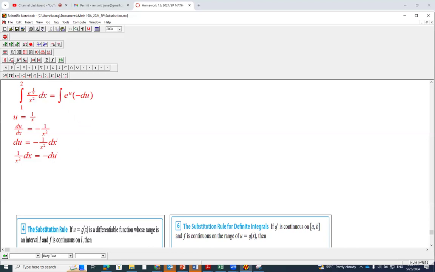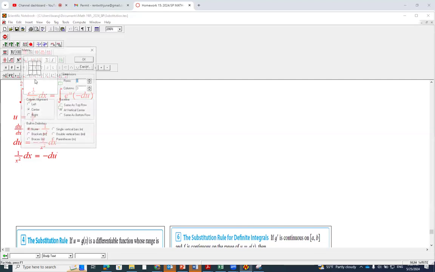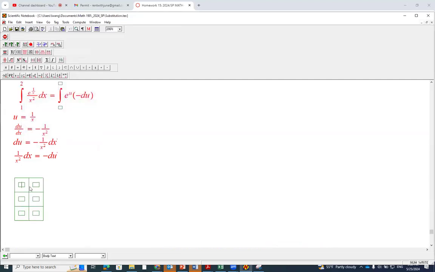The next thing we need to do is fill up these two numbers. So the interval changes. Take your time and do the interval change. We don't need 3 columns, 2 columns is fine. So we have x and u, where u equals 1 over x. When x equals 1, u equals 1 over 1, which is 1.